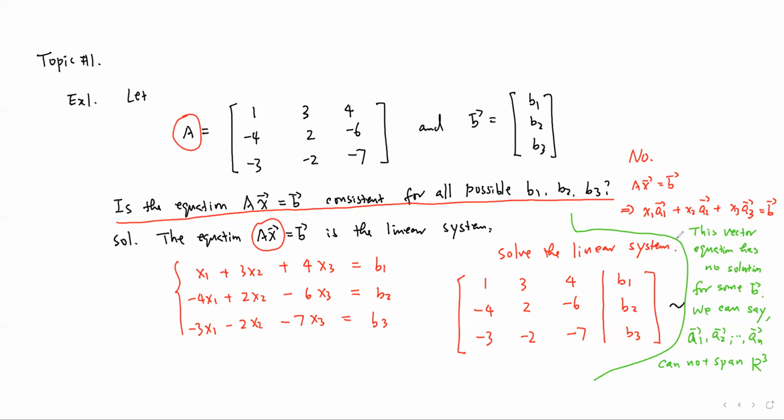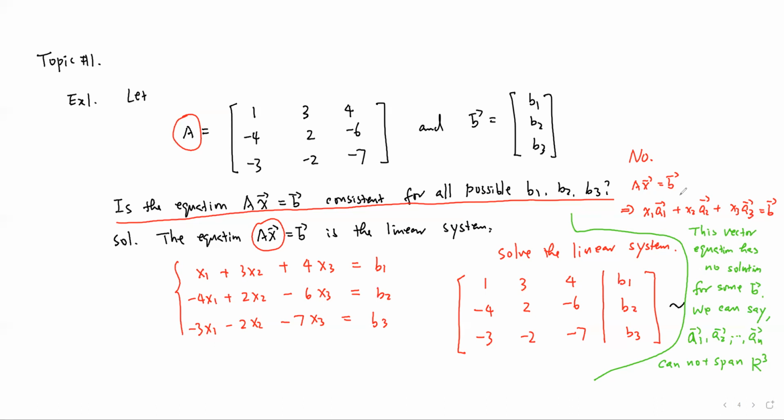So the columns of this matrix cannot span the whole space R3. The columns of this matrix can only span a plane or a line, not the whole space R3. This is how I answer the question from a different view, in the view of spanning.